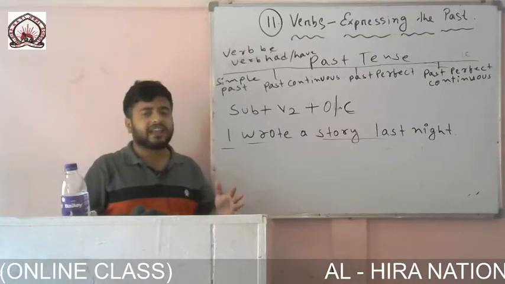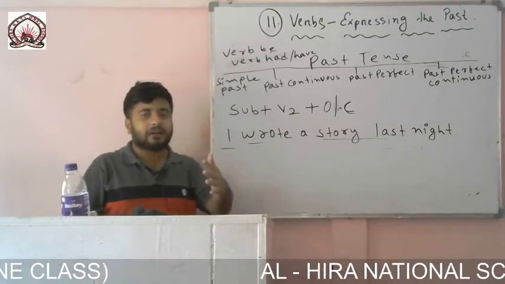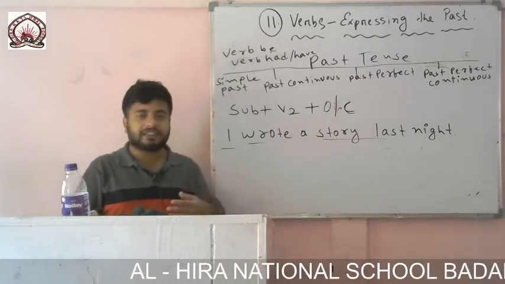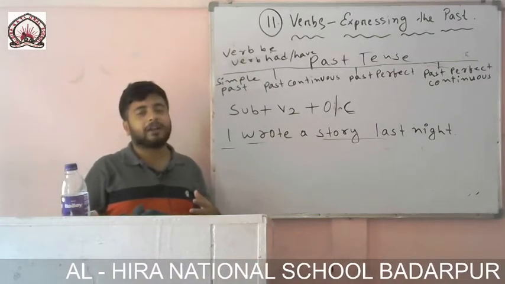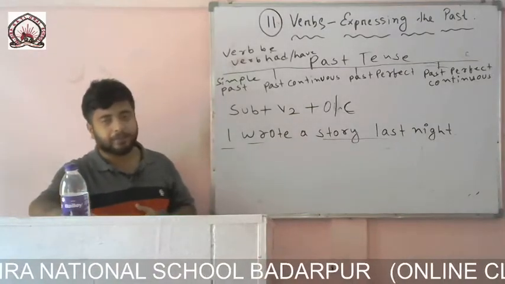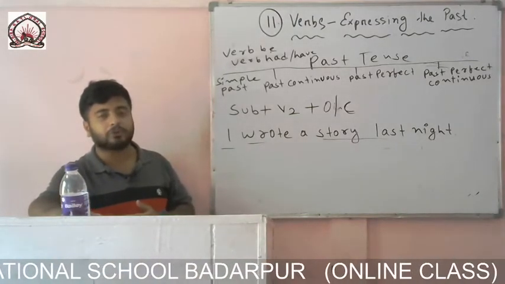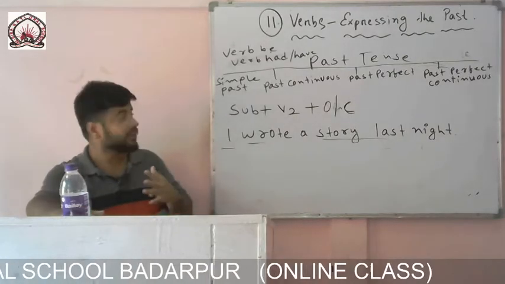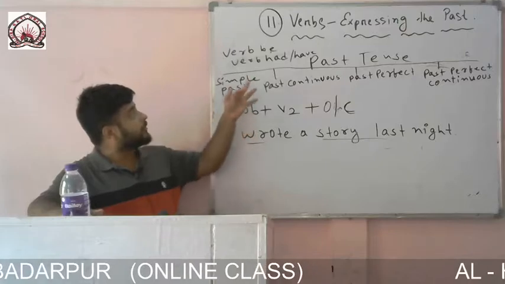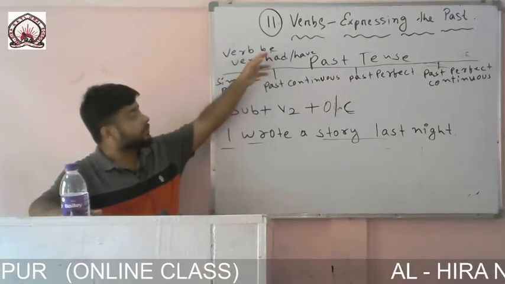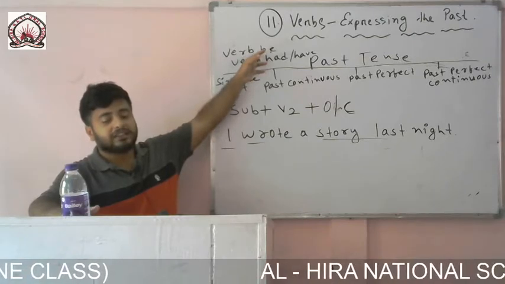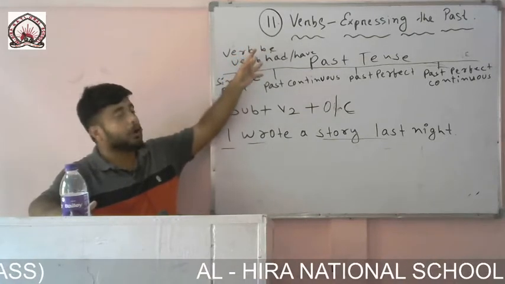That means in present tense, verb be, what we have used? Am, is, are, and verb have or has. Now in past tense, what? In simple past, we can also write sentences without the main verb.